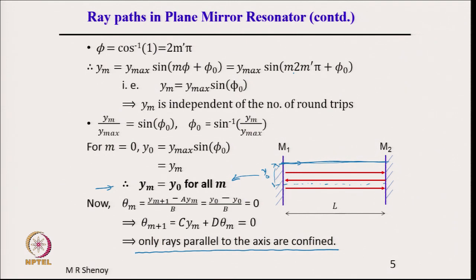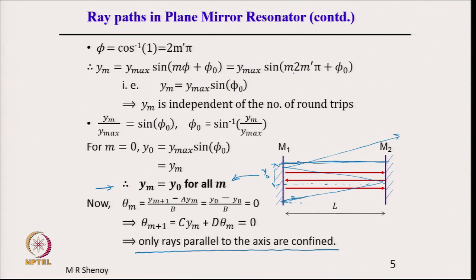If a ray makes a slightly different angle, theta not equal to 0, for example, if I show a ray making a small angle theta 0 like this, then this will eventually go out. We already know this, our basic understanding of reflection tells us that indeed it will eventually go out.